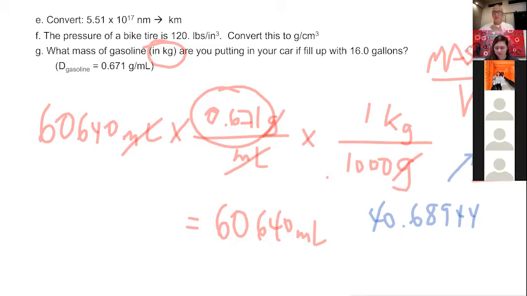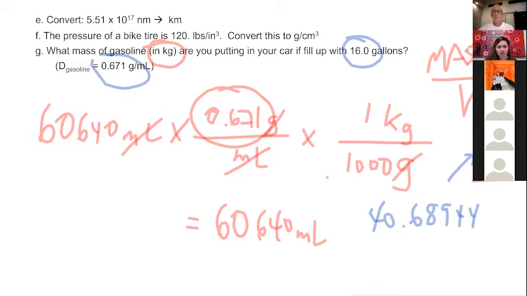So how many significant digits should we have? We go back and see which one of these is limiting us. We start with the question itself: I've got 16.0. How many significant digits there? 3. And my density, 0.671, how many significant digits there? 3 also.